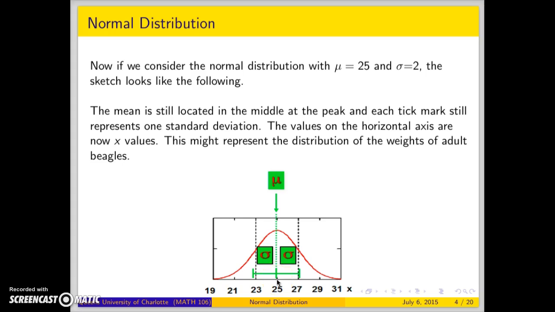So 25 plus 2 is 27, so 1 standard deviation above, then 29 is 2 standard deviations above, and then 3 standard deviations above is 31, and then this is 1 standard deviation below, 2 standard deviations below, and 3 standard deviations below, just like we did with the empirical rule. So the values on the horizontal axis are the x values and not z values when it's not a standard normal distribution. And this distribution represents the weights of adult beagles for this example, which we will have many examples on.